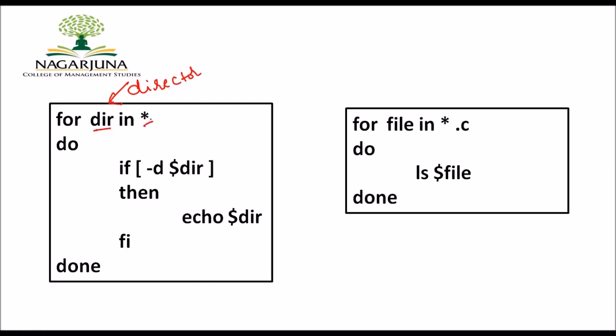When I say star, it represents all the subdirectories of your directory. So you have to check what are the different subdirectories present in your variable dir, where dir is a directory.